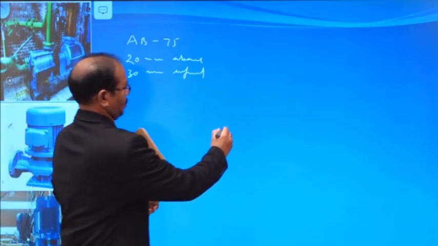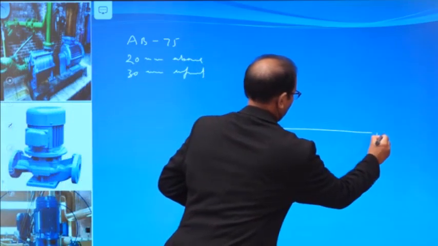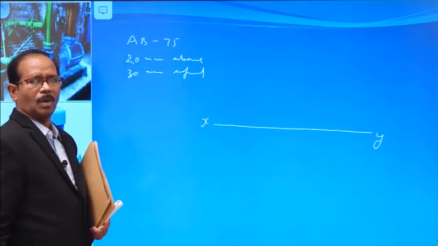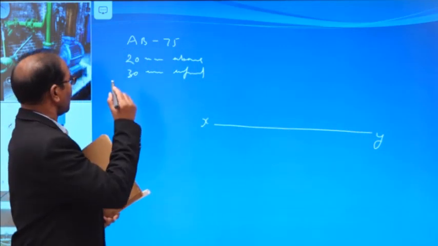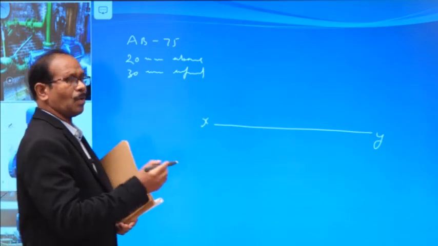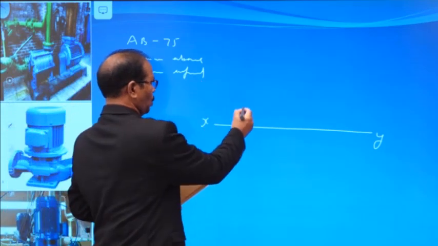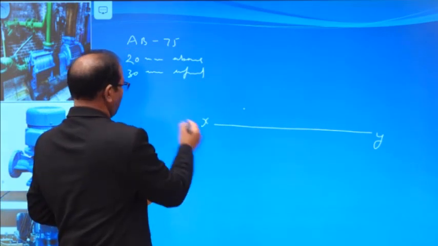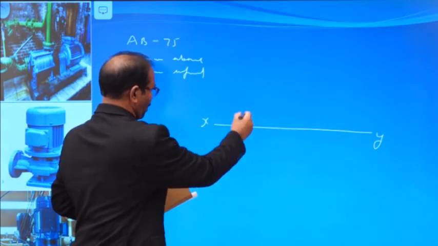First draw the XY line. Given the data, fix the end A position: 20 mm above, and 30 mm in front of.